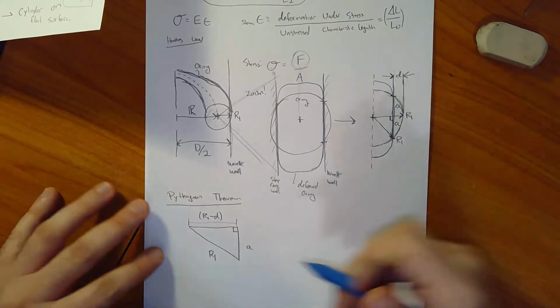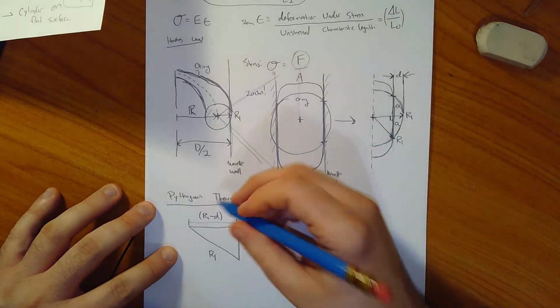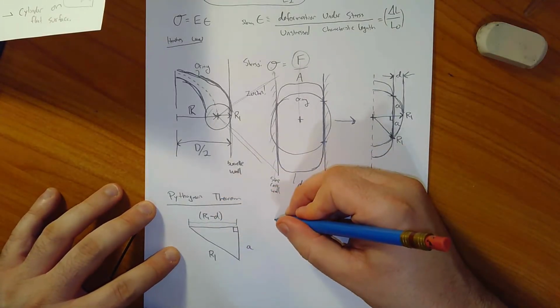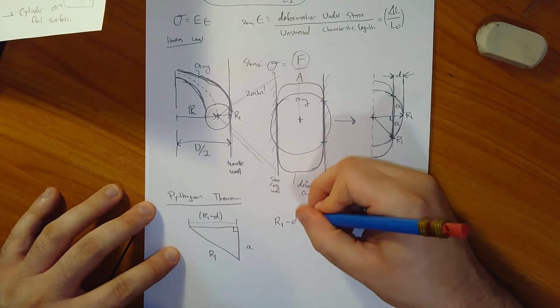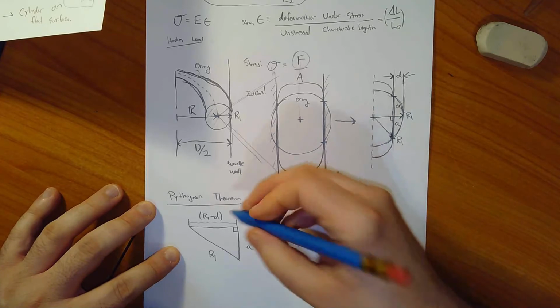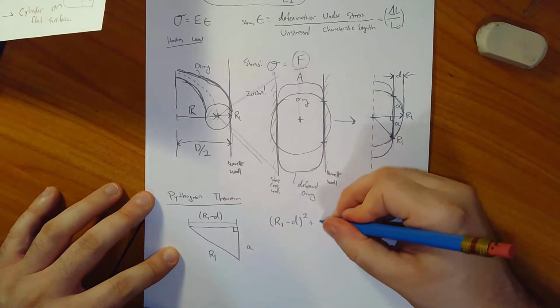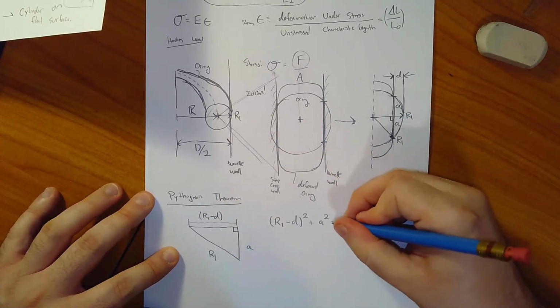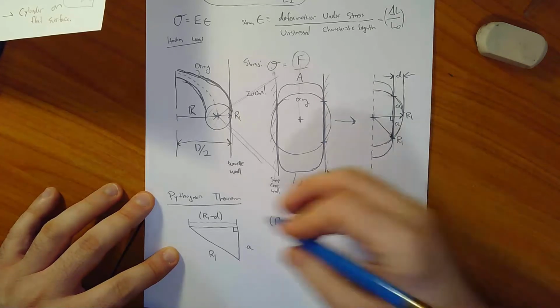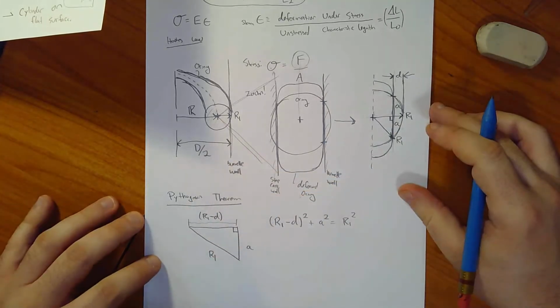Now I can do the Pythagorean theorem on this. So I know that R1 minus d squared, that's this leg, plus A squared, that's this leg, has to equal R1 squared, that's the hypotenuse. That's just the Pythagorean theorem.